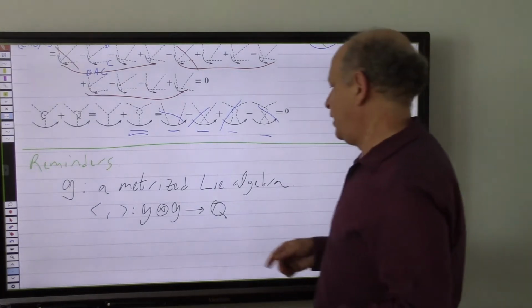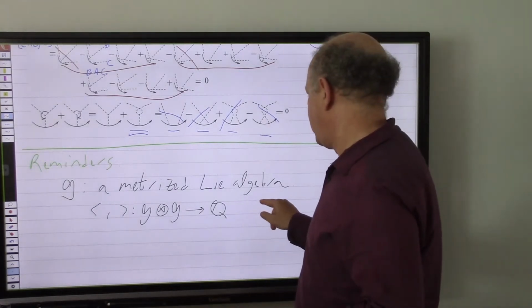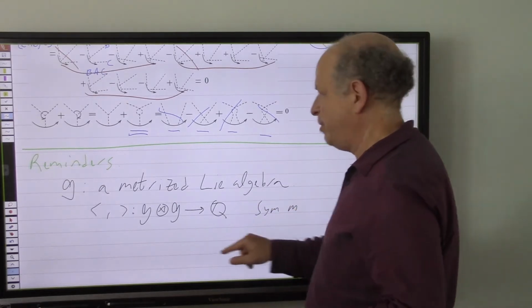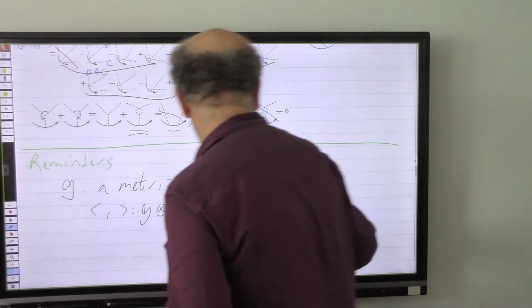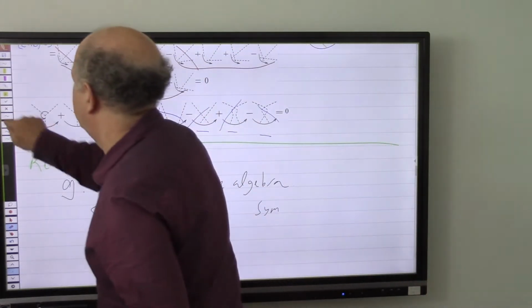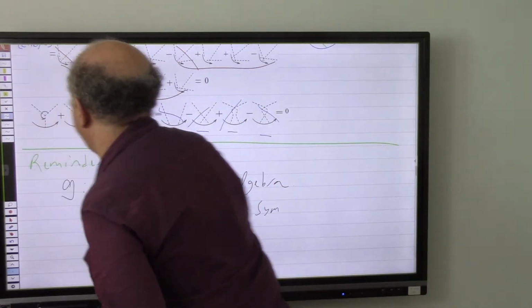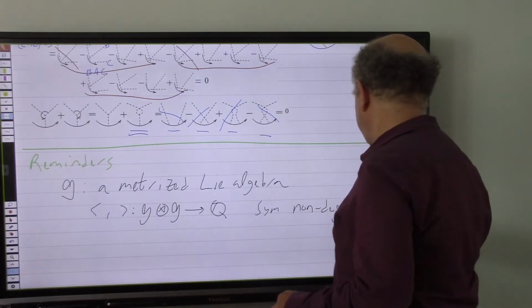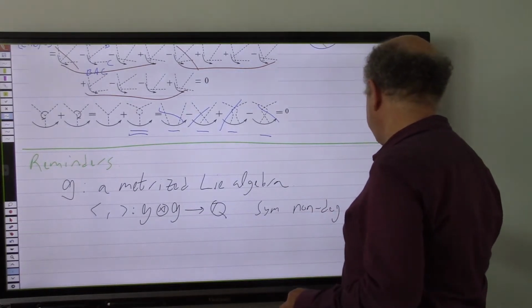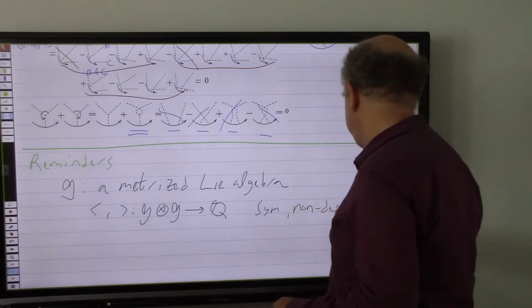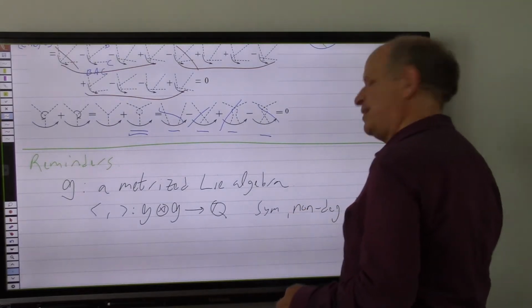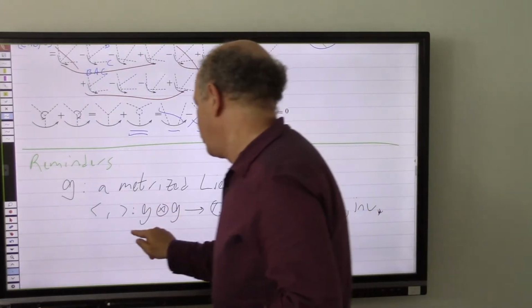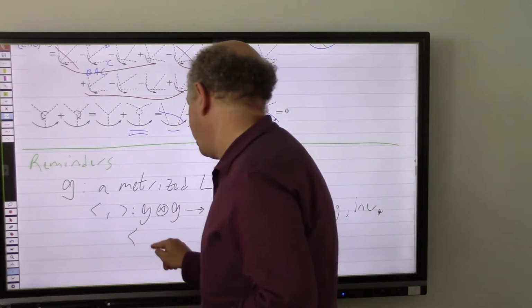And which is, what was it? Symmetric, non-degenerate, and invariant, that's all. And invariant, I wrote last time, means the following.